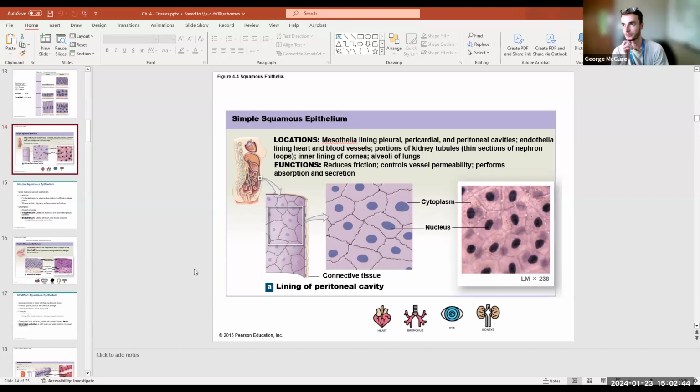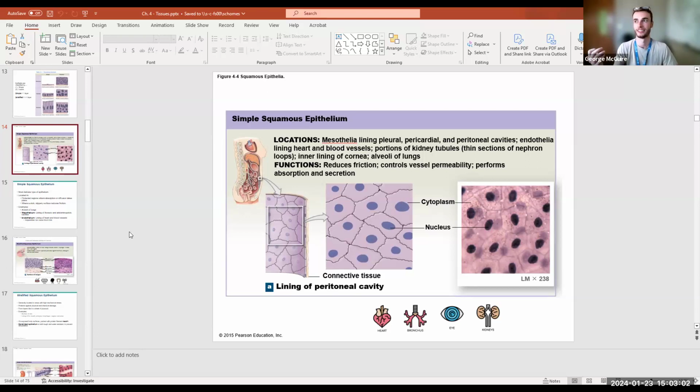Yeah, so things like terms for particular cavities, we're not necessarily going to spend a lot of time with in this class or refer to often. I just made reference to it, like the peritoneal cavity in the skin lecture I was working on.